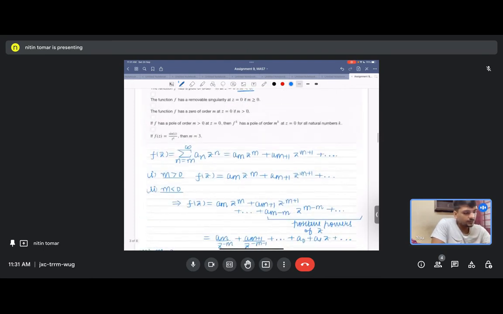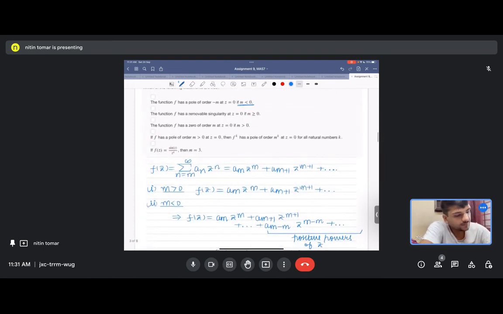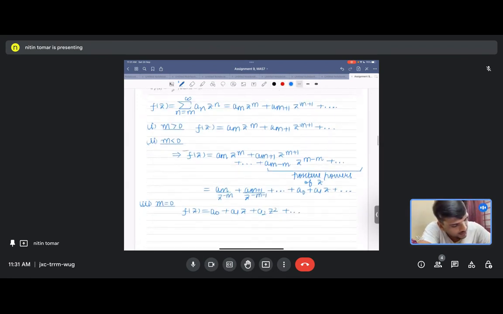Now answer the question. So it has a pole, right? If m is negative, see, this is the case we are talking about. Now, what is the nature at zero? It has a finite principal part. This is the principal part, the finite principal part.